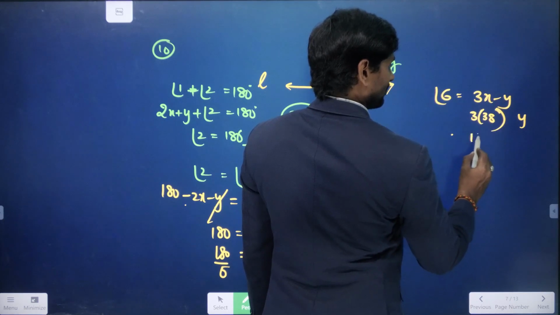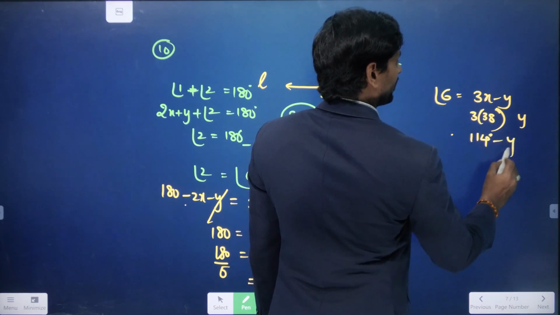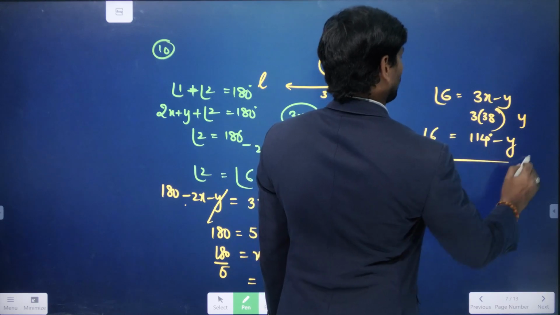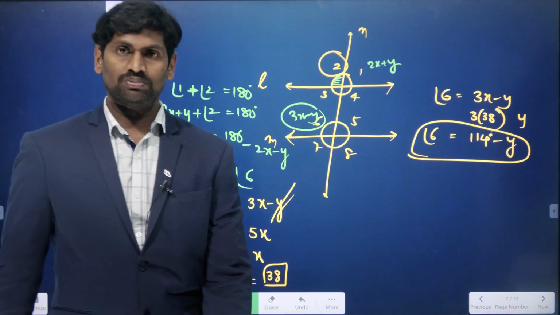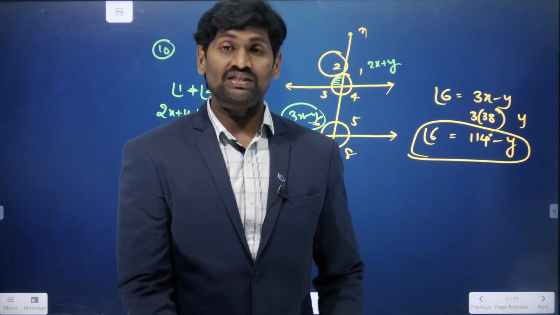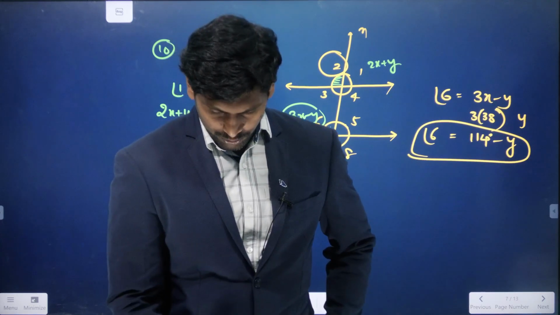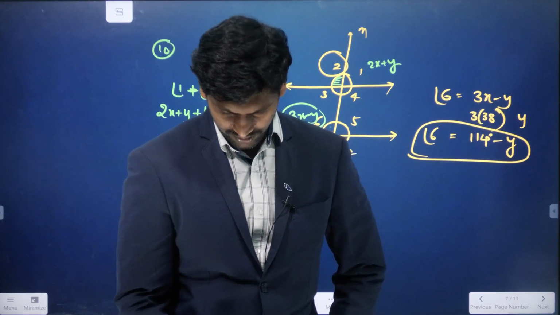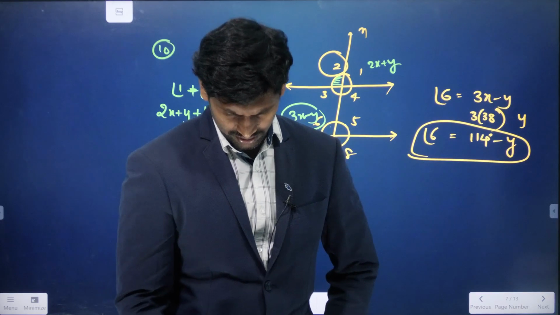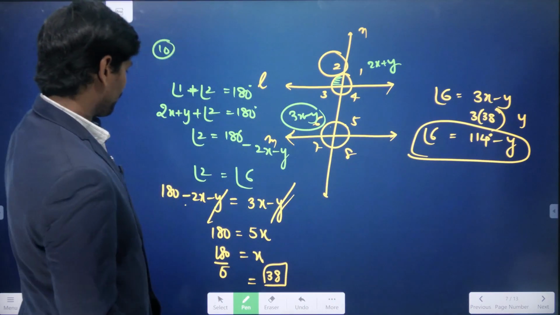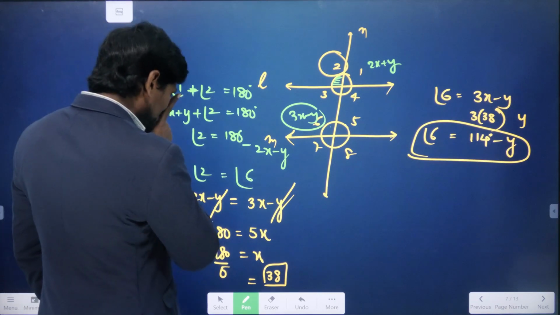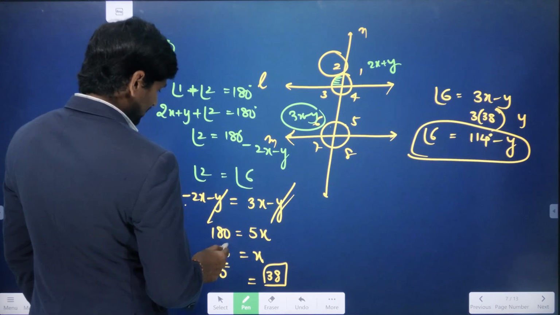Okay, now 114 degrees minus y, angle 6 equals, or nothing but angle 2 equals, because angle 2 and angle 6 are equal using corresponding angles. Five threes are 15.